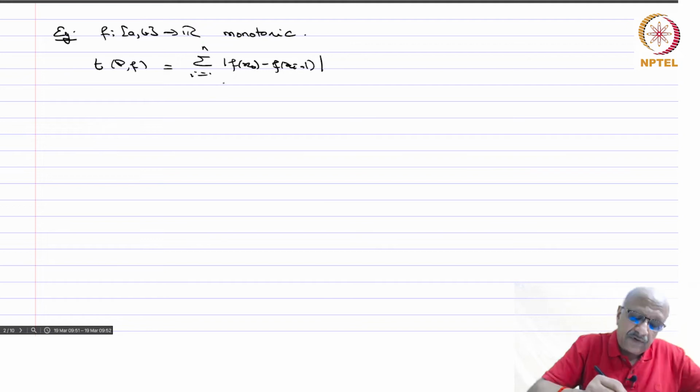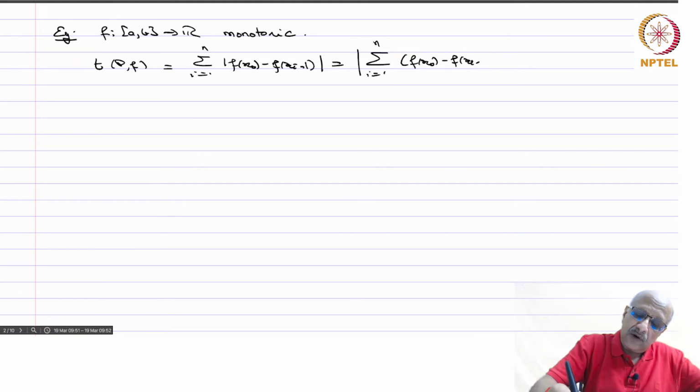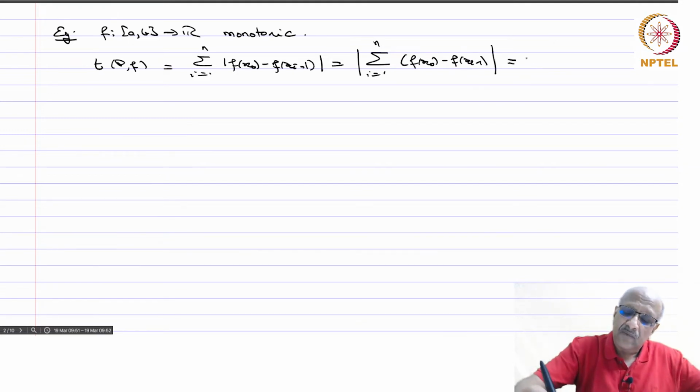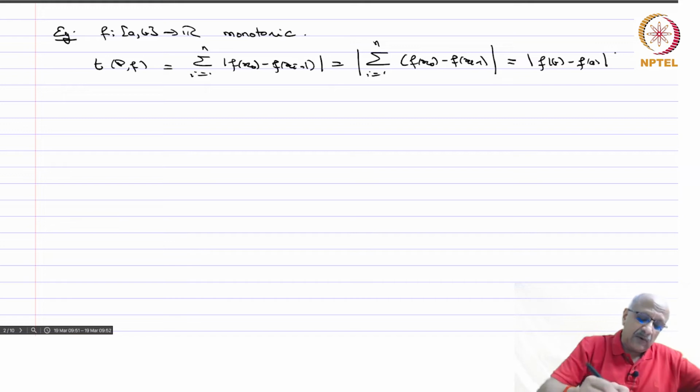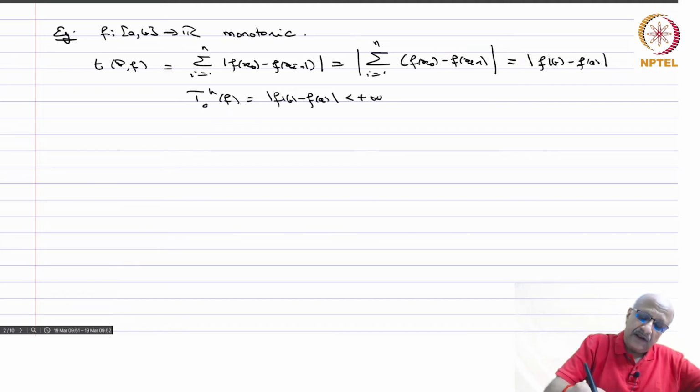Now f is a monotonic function, therefore either each term will be positive or negative for all i's, and therefore this can be written as the absolute value of the sum of f(xi) - f(xi-1), and that is a telescopic sum which will give you just |f(b) - f(a)|. Therefore T_a^b(f) is just |f(b) - f(a)|, and that of course is finite, and therefore a monotonic function is also a function of bounded variation.